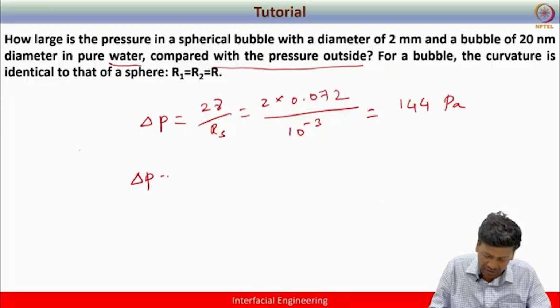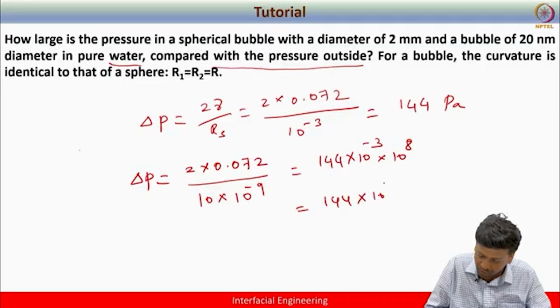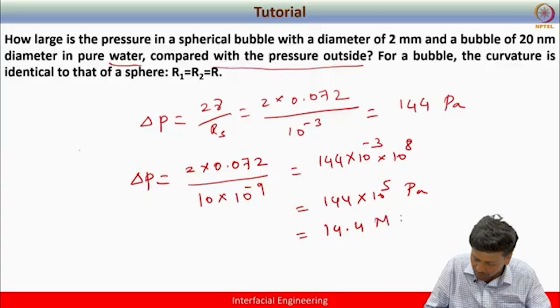In this case, delta P is nothing but 2 into 0.072 divided by, since it is diameter, I can take radius 10 nanometer, right? So 10 into 10 power minus 9 meter. In this case, I will have 144 into 10 power minus 3 divided by 10 power minus 8. So this would be simply 144 into 10 power 5 Pascal, or simply 14.4 megapascal.